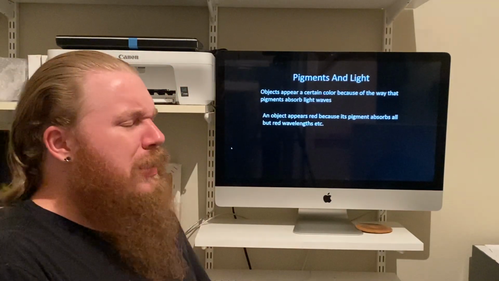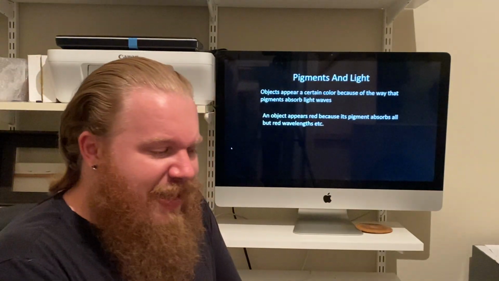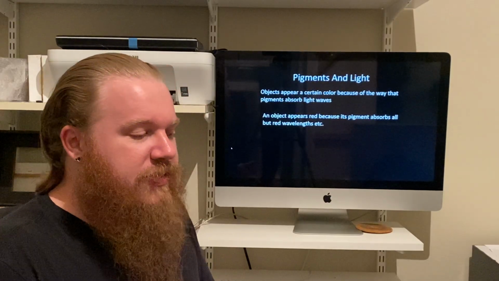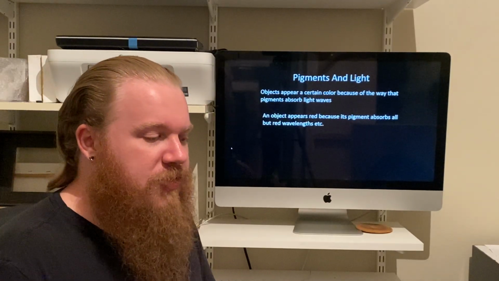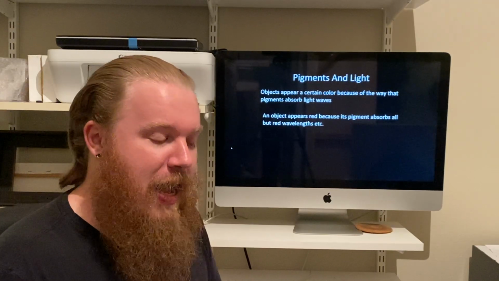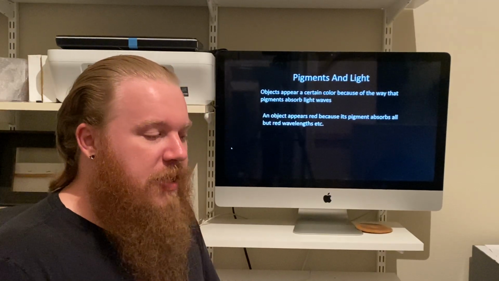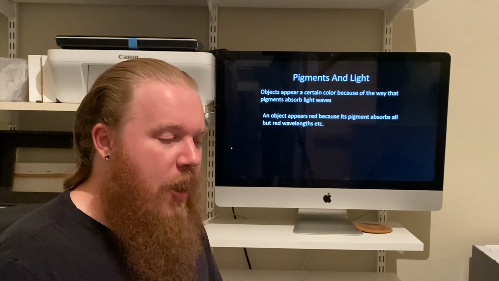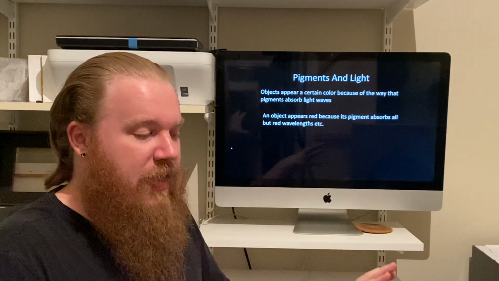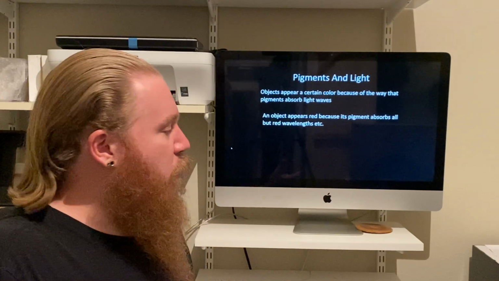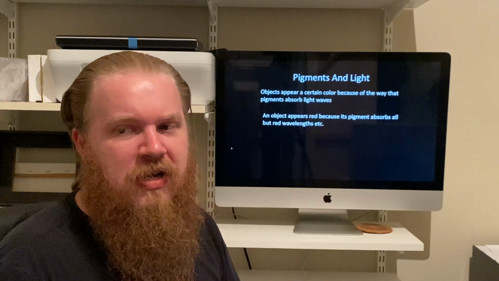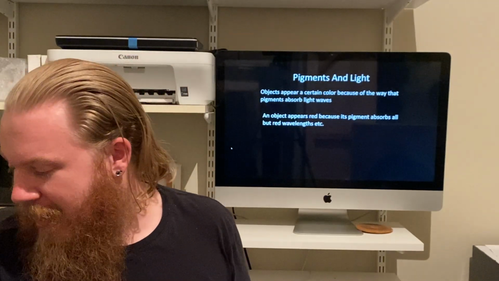Now, when referring to light and color, we also have to talk about pigment. And so objects appear a certain color because of the way that pigments absorb light waves. So an object appears red because the pigment absorbs all red wavelengths and reflects everything else out. So when we see a color, we're actually seeing everything but that color, which is an interesting phenomenon, in my opinion.